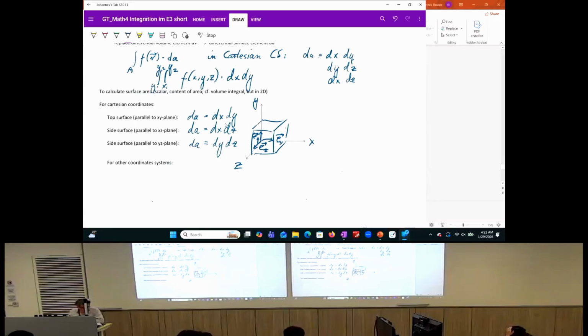In particular, if you have other coordinate systems, then you have to take into account the scale factors. This is something quite important that I will go into a bit more in our next recap. That will also be the final recap. You will encounter that now, and you have maybe started to encounter it already a bit.